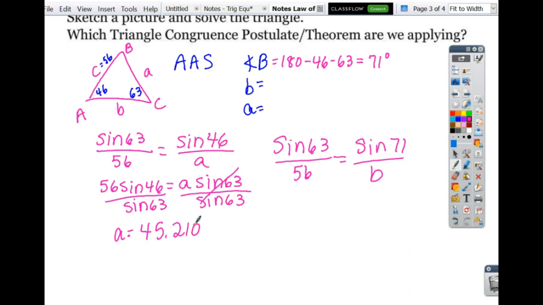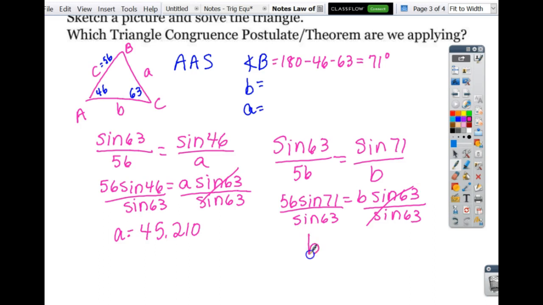That's what I got also. 45.210. We're truncating. What's B? Would it be 56 and 71?